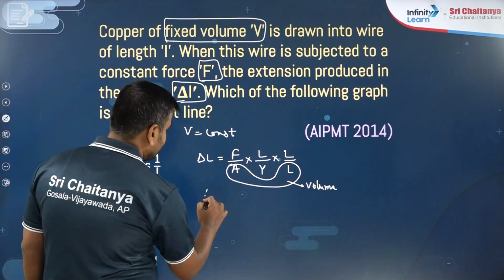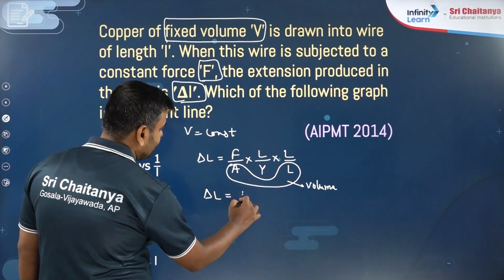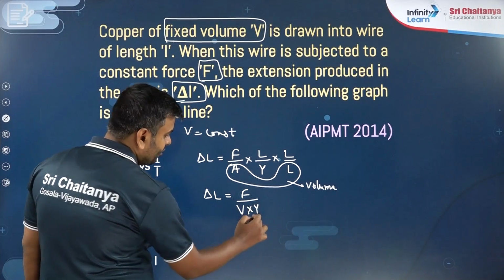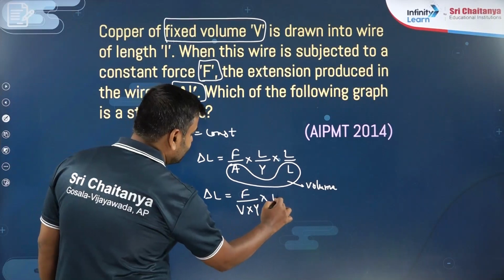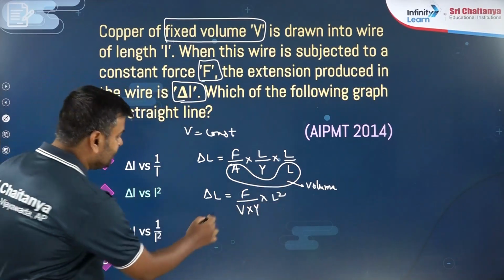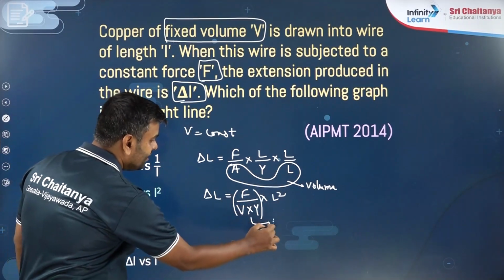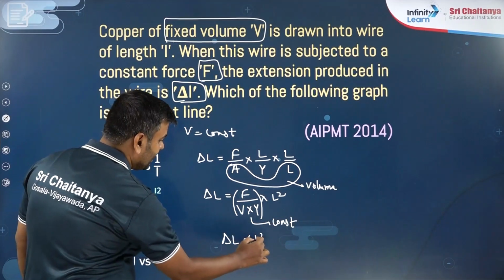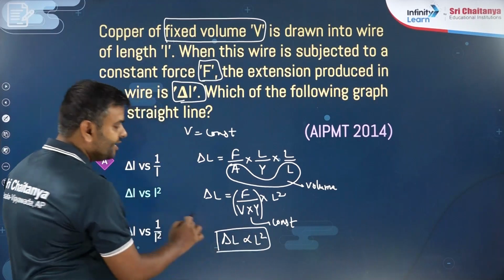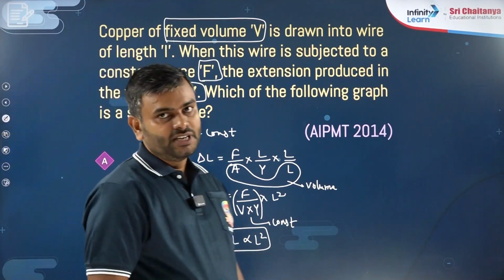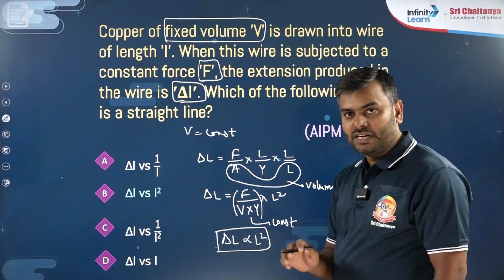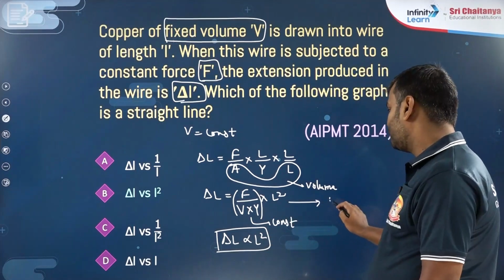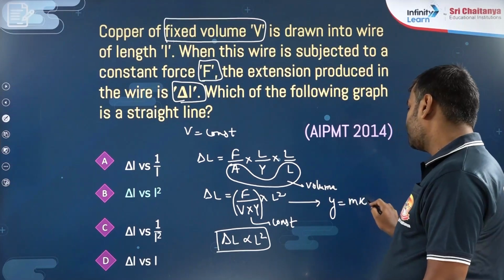Now delta L becomes F divided by volume into Young's modulus into L square, because L into L is L square. And these values are constant. So we are getting delta L proportional to L square, which means this is the appropriate relation, and the graph of this will be a straight line, because if you see this equation, it is following y is equal to mx.